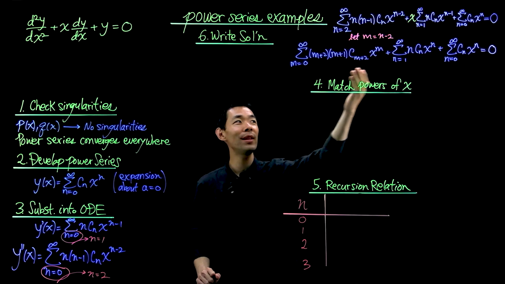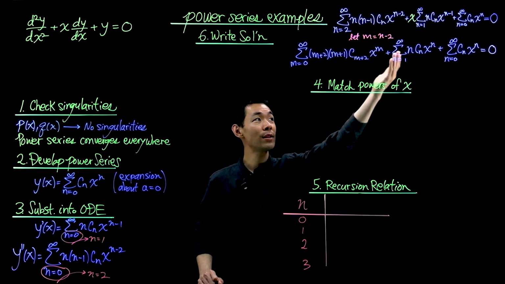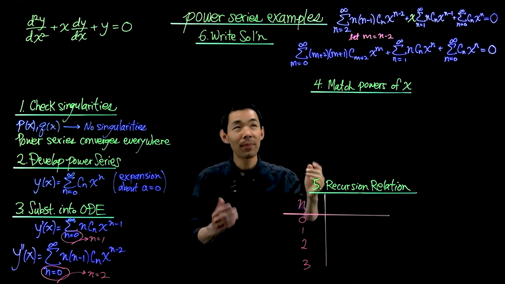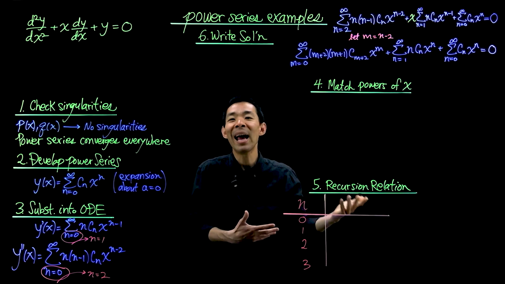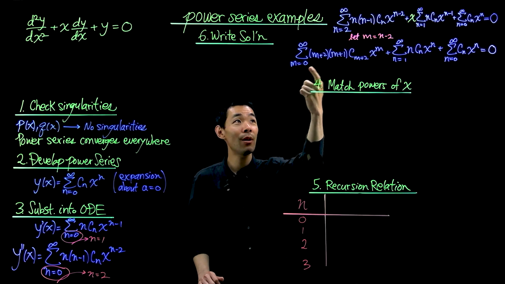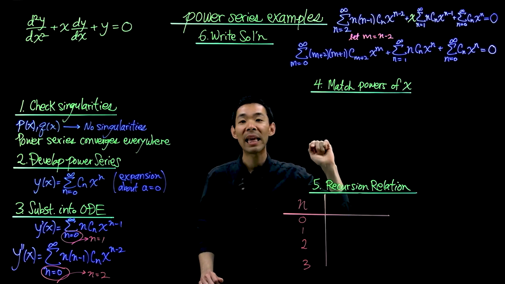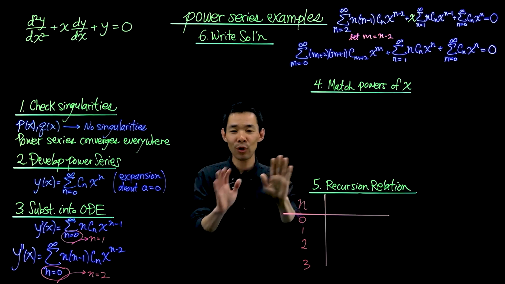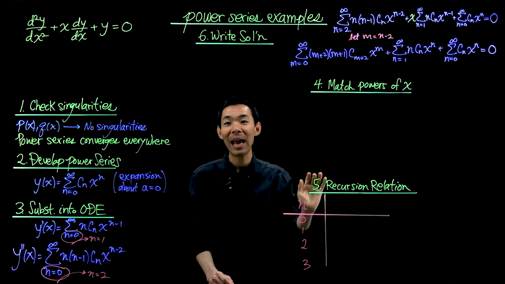So you can convert all of these to s's, s going from 0 to infinity, or s of 1 to infinity. It doesn't matter. So this m over here in this first term is the same as just calling it n. So n starting from 0, n plus 2, n plus 1, n plus 2, x to the n. It's the same thing. So you shouldn't be confused by the fact that one term is m and the other two terms are n. They're all the same.